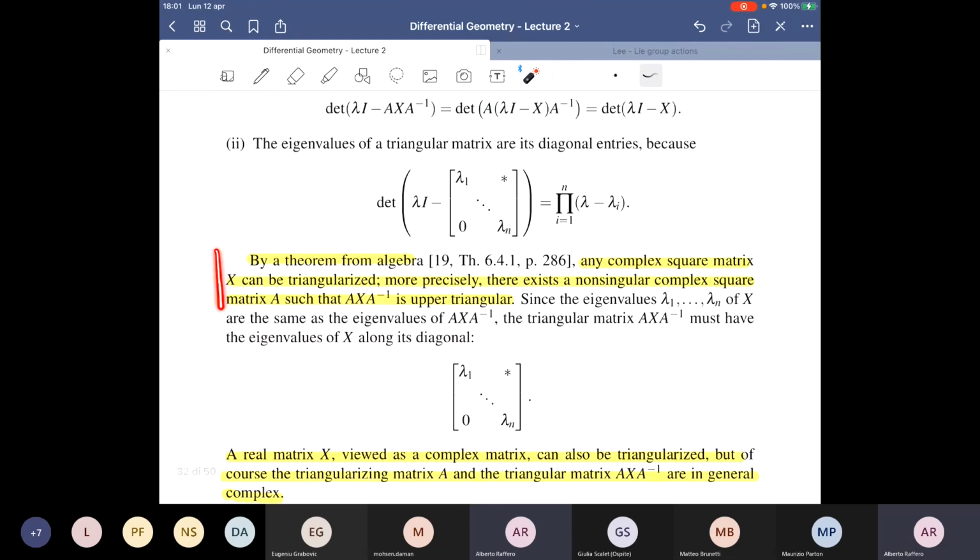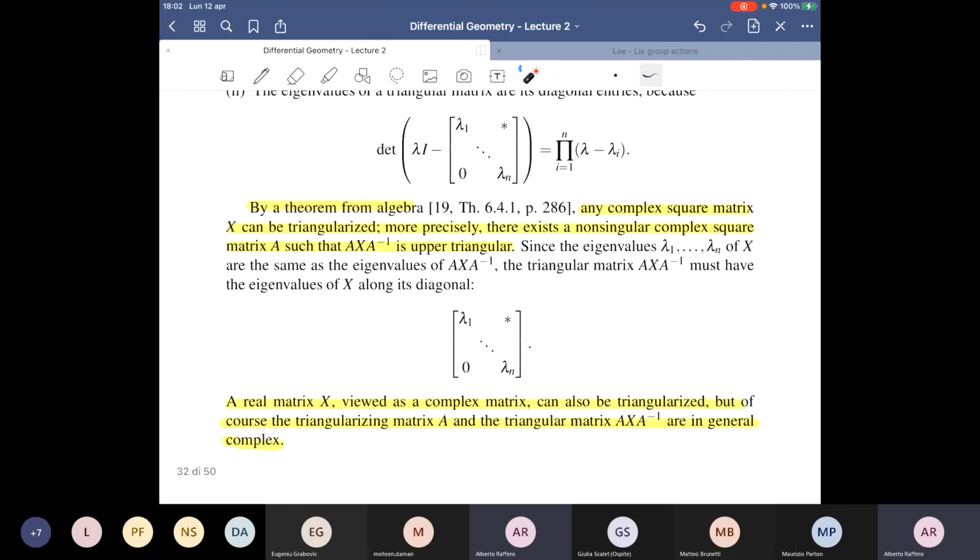So the crucial point here is this result from linear algebra that tells you that any complex square matrix can be triangularized. This means that there exists a non-singular complex matrix A for which A X A minus 1 is upper triangular, so of this shape here. And in particular, the eigenvalues are precisely the entries you see in the diagonal.